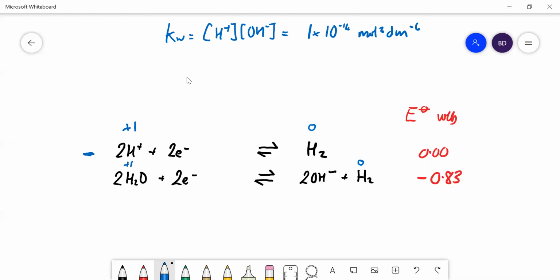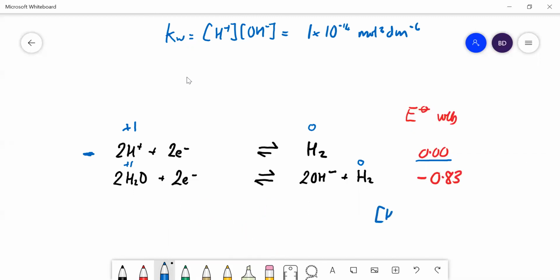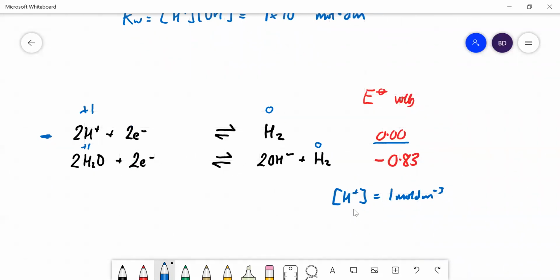The voltage is only 0 volts when the hydrogen ion concentration is the standard, when hydrogen ion concentration is equal to 1 mole per decimeter cubed. The electrode potential is 0 volts.